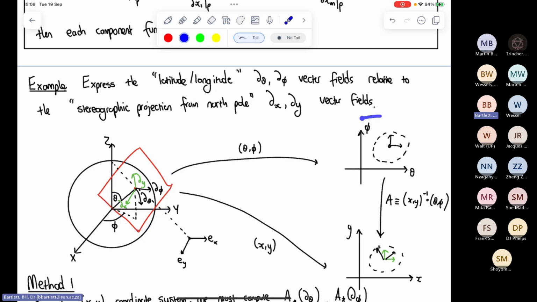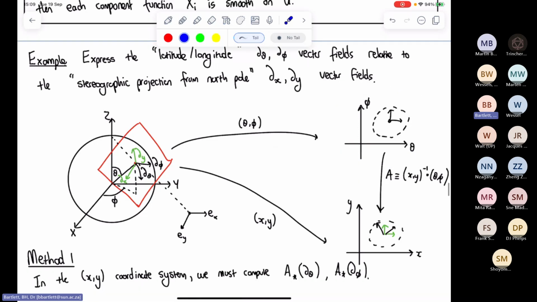And so that gives me a certain chart. I've also got a different chart, which is the stereographic projection from the North Pole. That's going to get me into coordinates, which I'll call X and Y. All right. And each of these charts comes attached with its own coordinate basis for the tangent space.